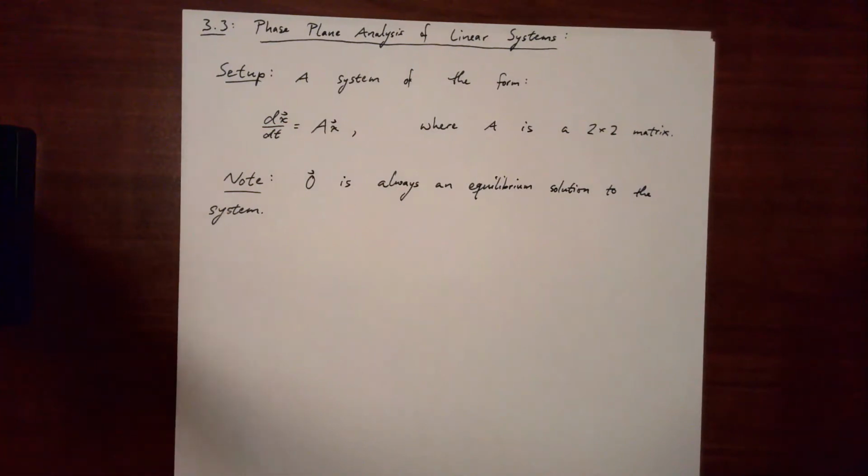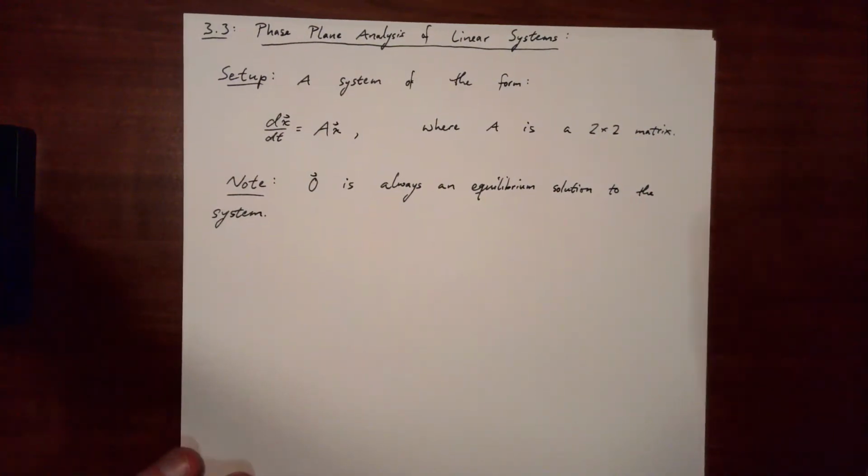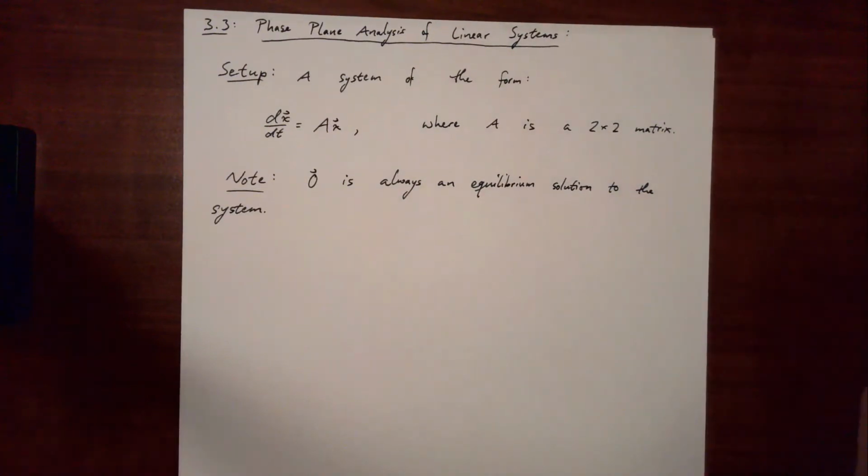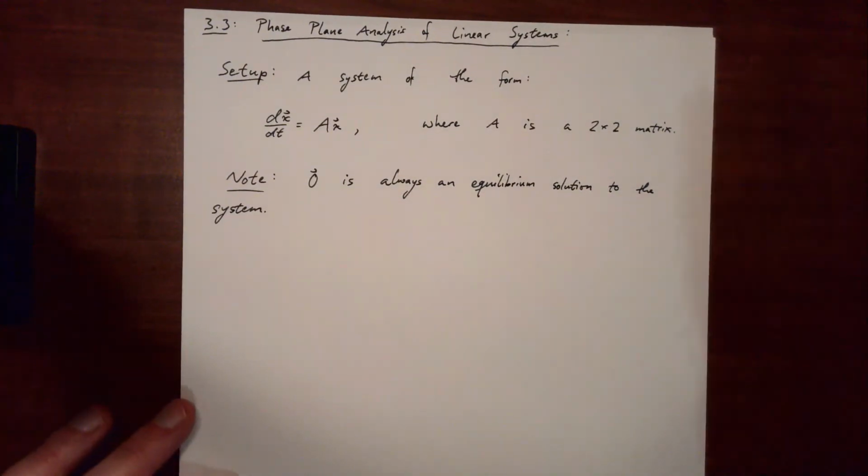And in particular, if the matrix A is non-singular, this will be the only solution. If, on the other hand, the matrix A has a determinant of 0, which is not something we're going to really encounter in this class, then that would mean there was a whole line's worth of equilibria. But that's a little bit of an exceptional case that we will not really dwell on.